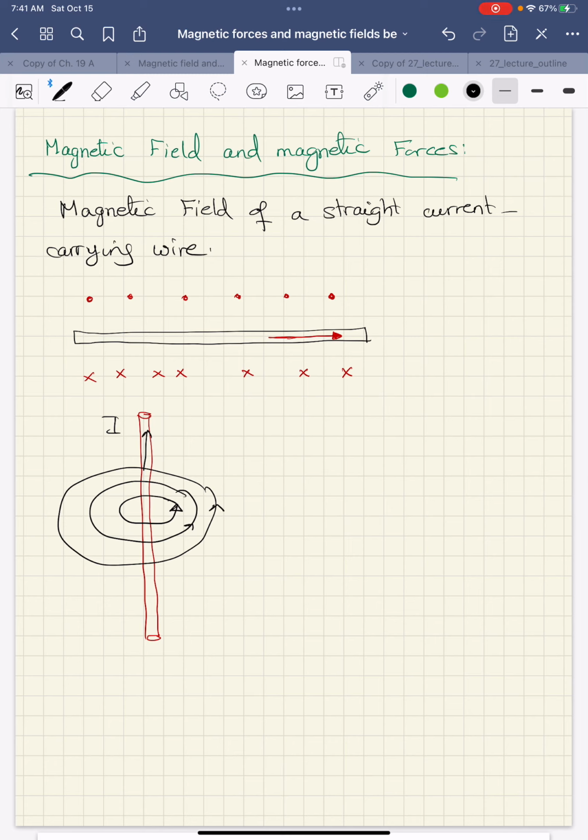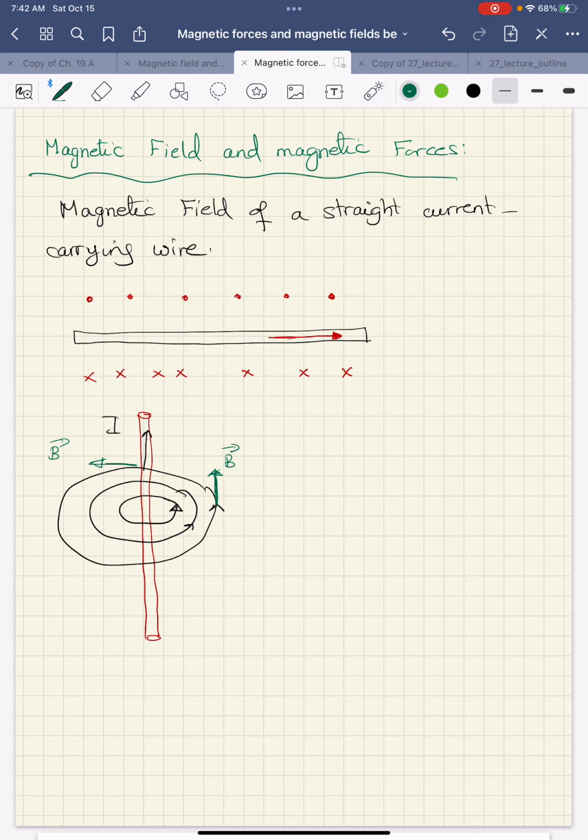At any instant, the magnetic field direction is going to be tangent to these. This is B here. Behind the wire, it is like this.